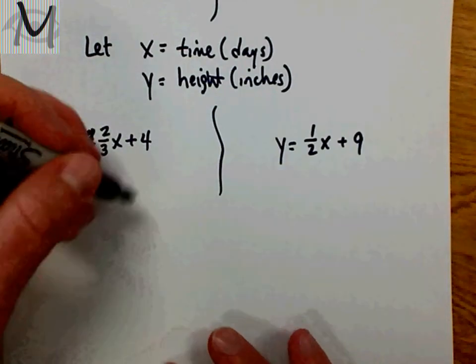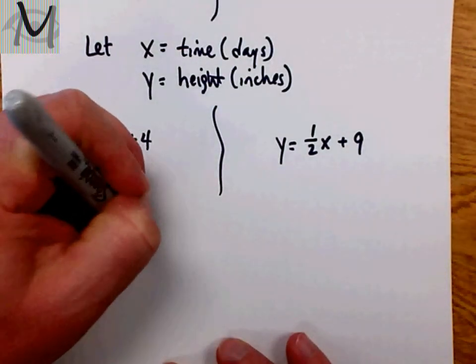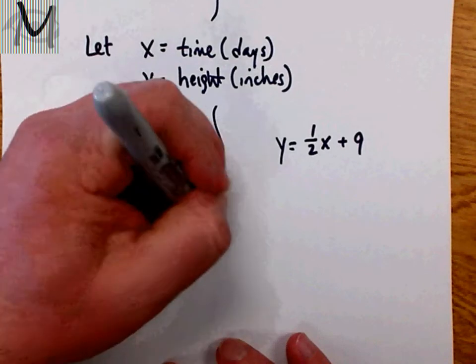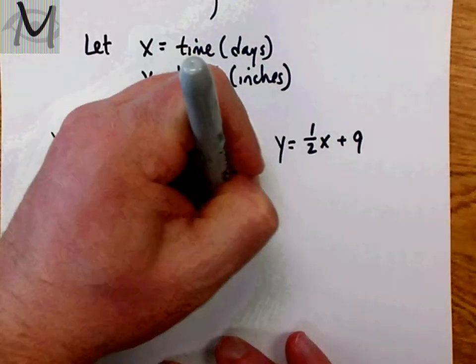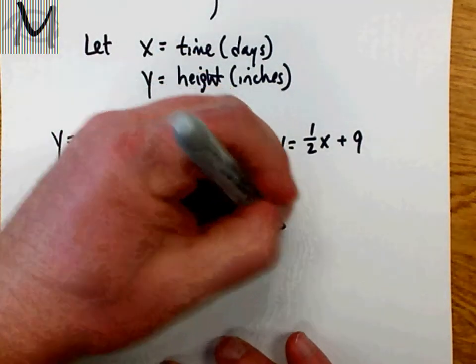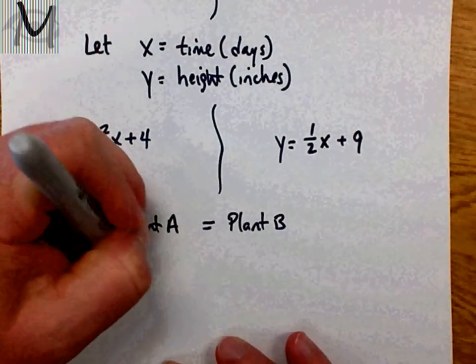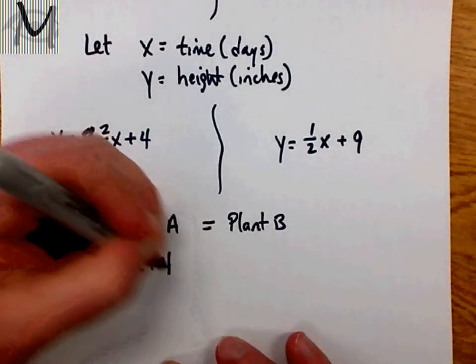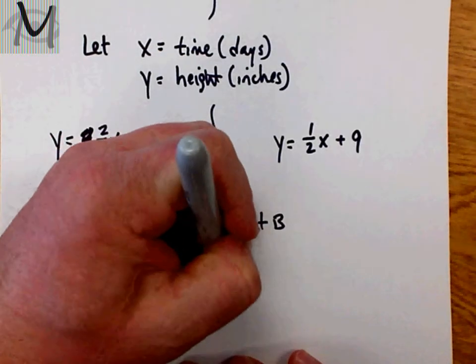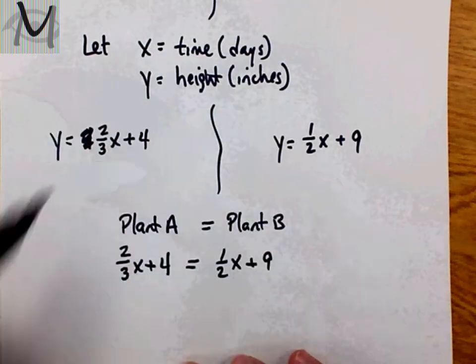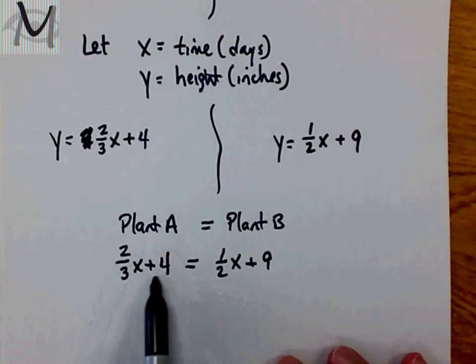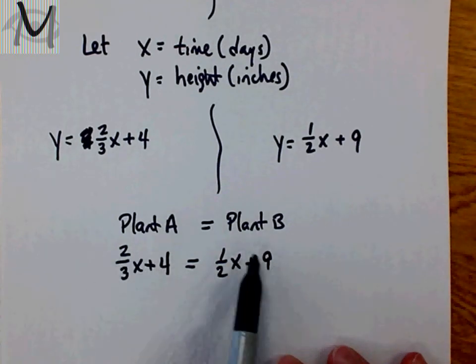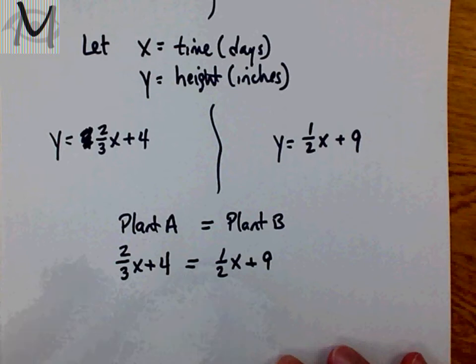So if I want to know when plant A is going to equal plant B, then I have to put 2/3 x plus 4 equal to 1/2 x plus 9. This calculates plant A's height. This calculates plant B's height, and I want them to be equal.